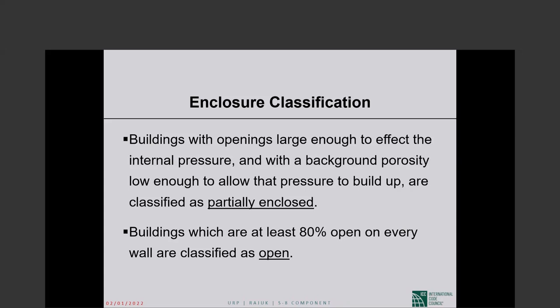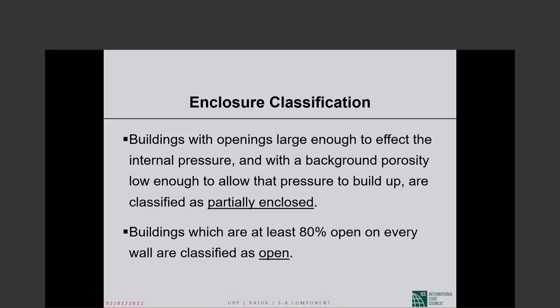If a building is not partially enclosed by this definition, then the only two possibilities are that it is open or enclosed. Open building, we have seen, is a building that has 80% of each face basically open.